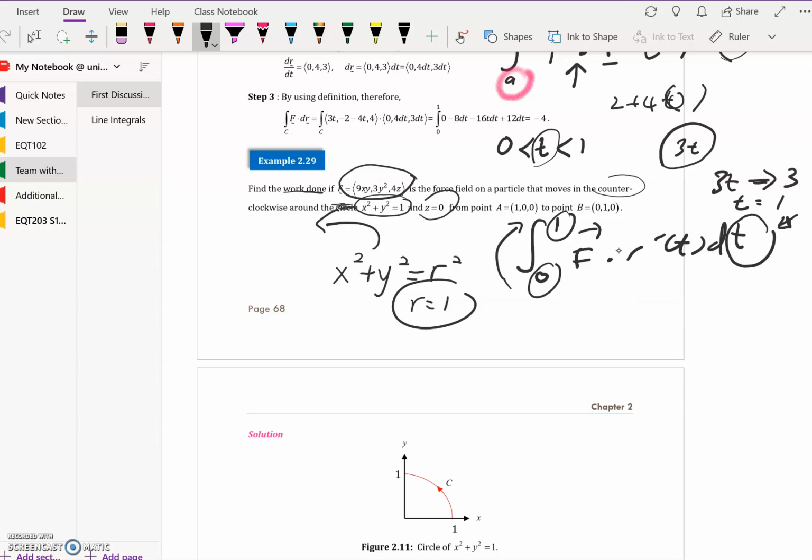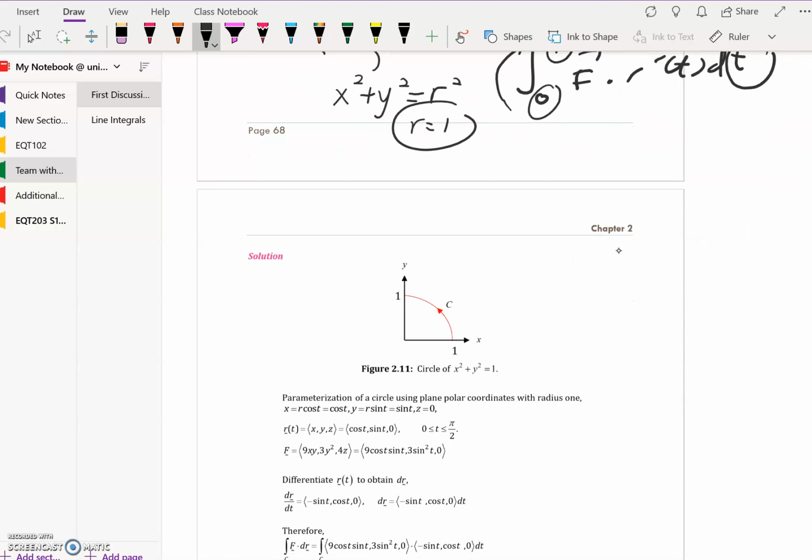Of course, a circle in two-dimensional space has no height, so the height is 0. If you have a height of z, it means you have a cylinder. It goes from point (1,0,0) to point (0,1,0).